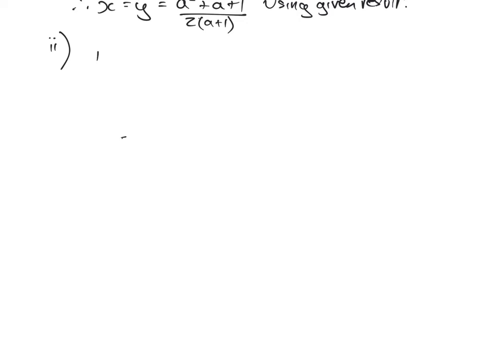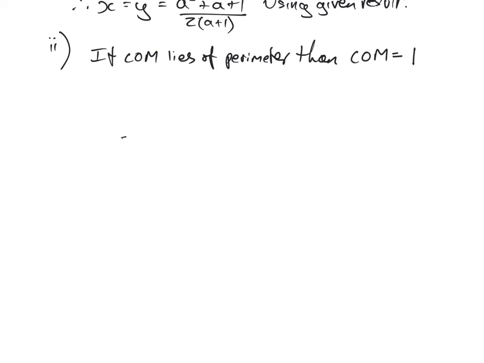So we're going to say if the centre of mass lies on the perimeter, then the centre of mass equals 1, because it's not going to equal A and it's not going to equal 0. Therefore it's got to equal 1.